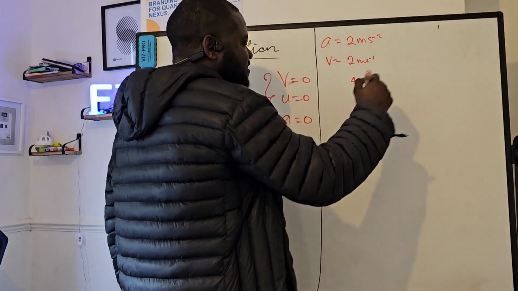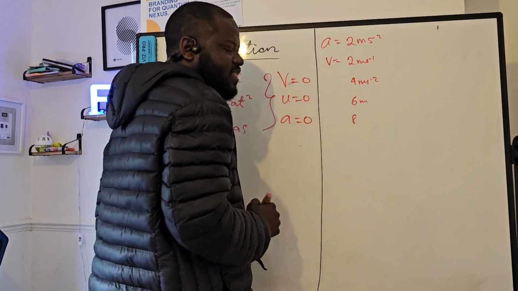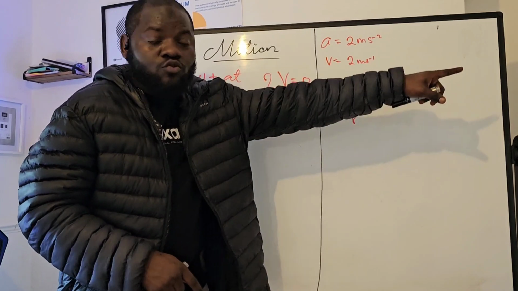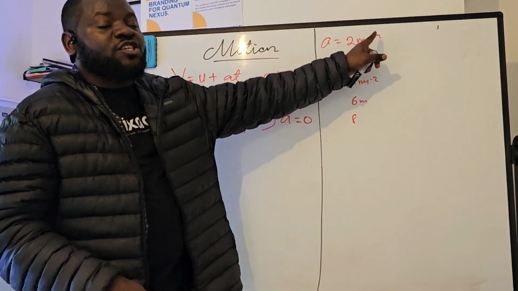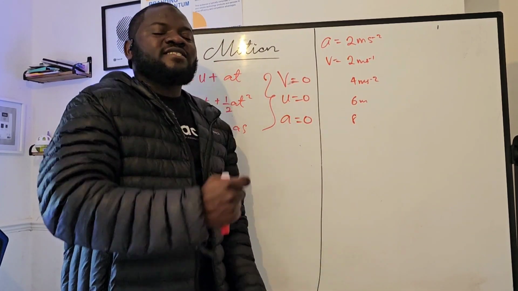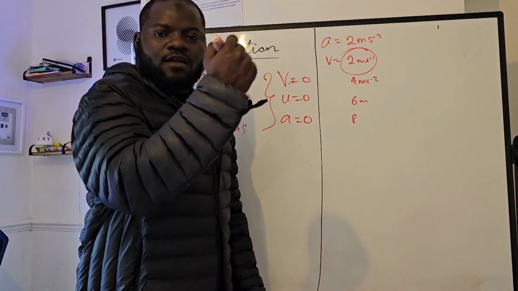In the next 1 second, it will become what? 6. In the next 1 second, it will become what? 8. That means the velocity is increasing by 2, and if the velocity is increasing by 2 every second, that is the acceleration. So if the velocity is now uniform, what it means is that the velocity is the same. It's not increasing, it's not decreasing.